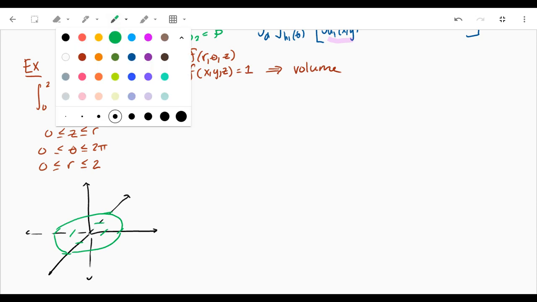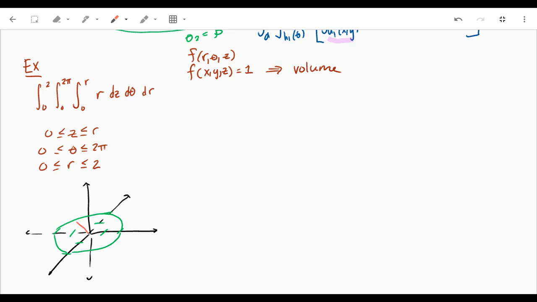So we got our cone, and that is going to be between 0 and r. Whatever r is will give us how high up we are on the cone. The highest you're going to get on that cone is 2, right? We're between 0 and r, but the biggest that r is going to get is 2. So this cone will kind of go to the edges.